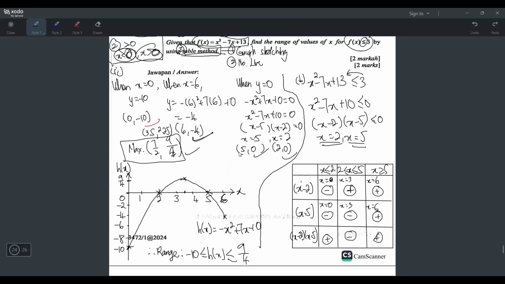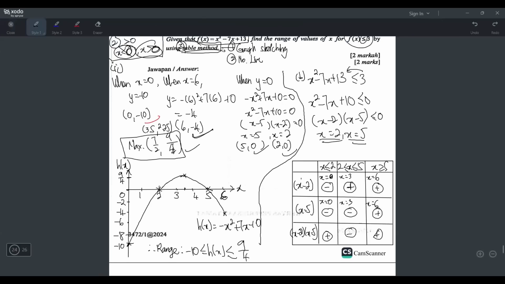Right? Okay, the final step is to check whether your inequality here is smaller or bigger. You can see that they want x minus 2 times x minus 5 to be smaller than 0. It means they want this side to be negative.